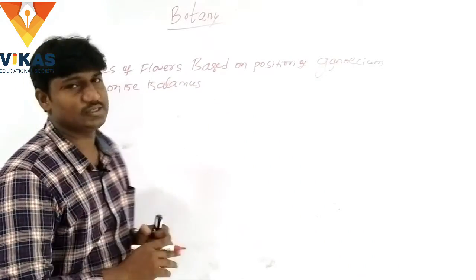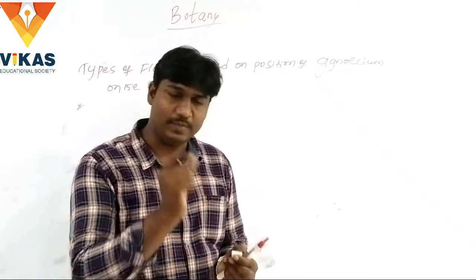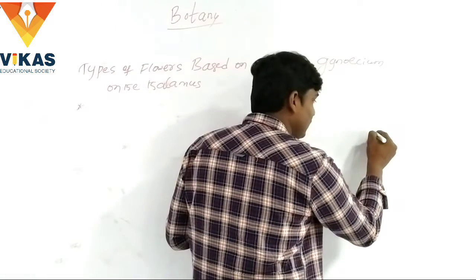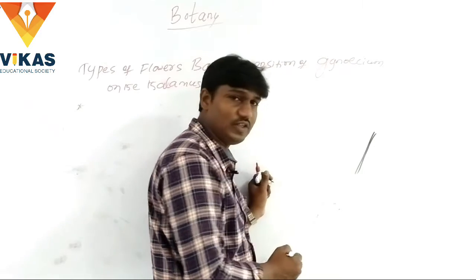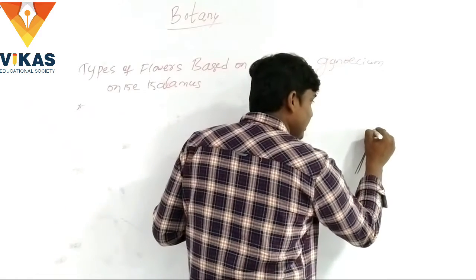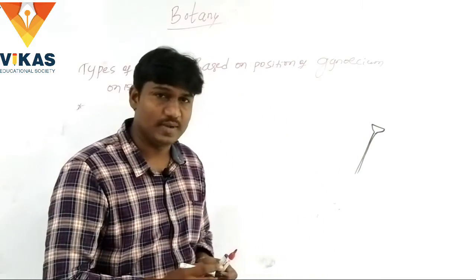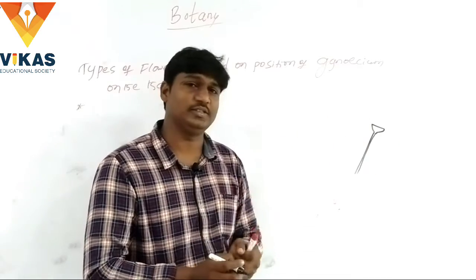What is thalamus? Thalamus is the swollen tip of the pedicel. If it is the pedicel of the flower, and here a swollen tip is present, it is called the thalamus. Mainly, floral parts are arranged on the thalamus.